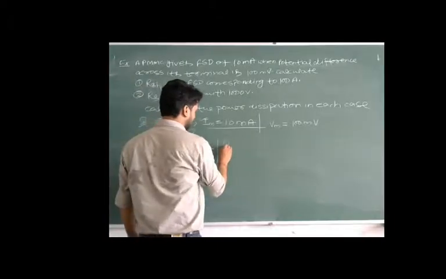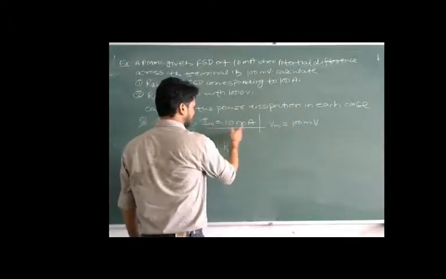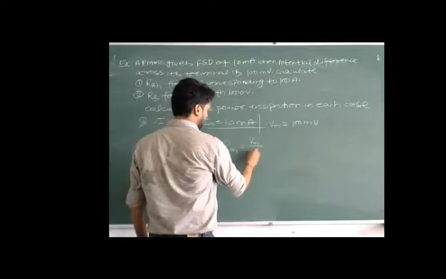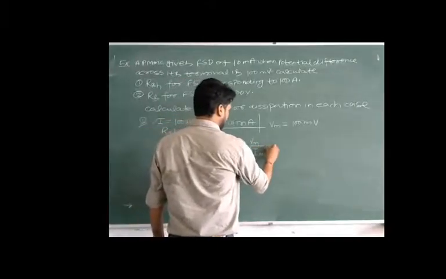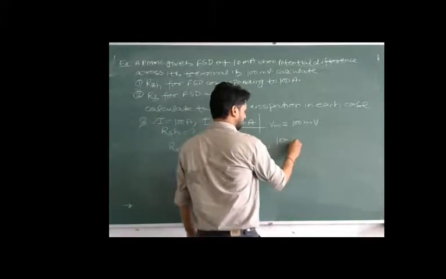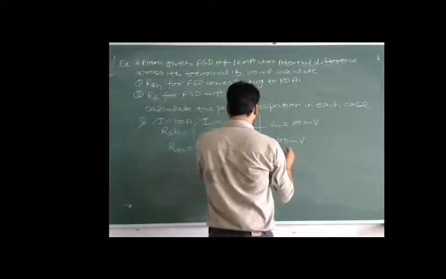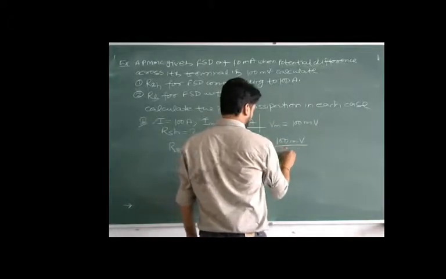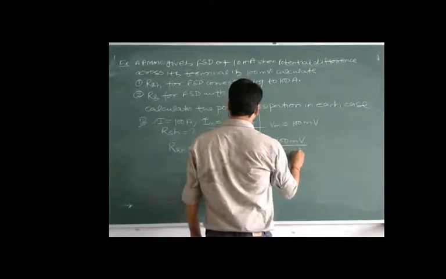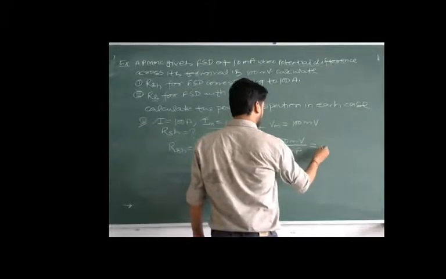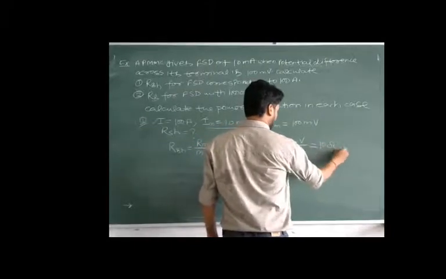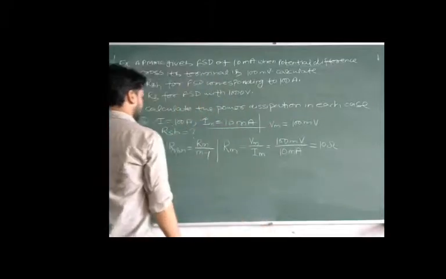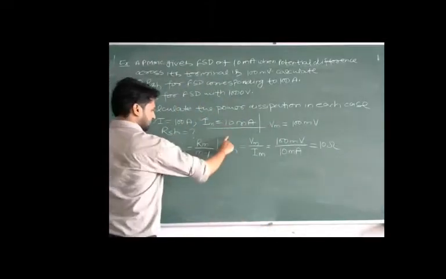To calculate Rm, we can use this relation: Rm is equal to Vm upon Im. Vm is given as 100 millivolt and Im is given as 10 milliampere. This can be written as 10 ohm. So the resistance of the PMMC instrument is 10 ohm.